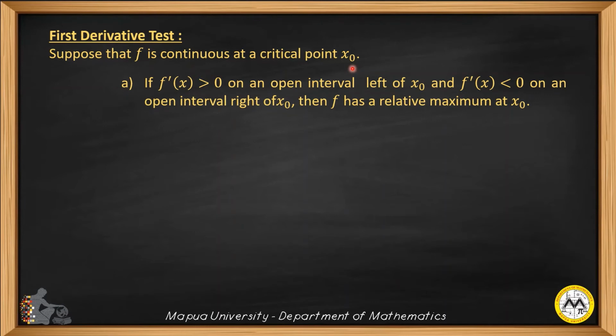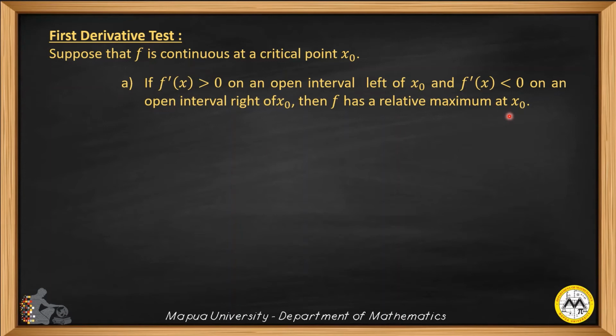Using the first derivative test, if f prime of x is positive on an open interval left of x sub 0 and is negative on the open interval right of x sub 0, then f is said to have a relative maximum point at x sub 0.